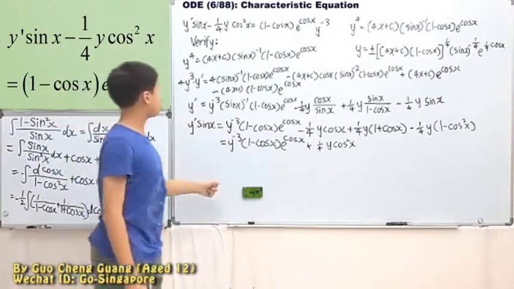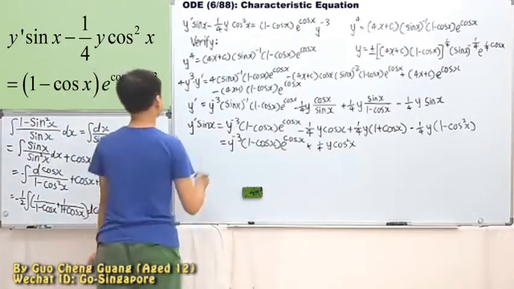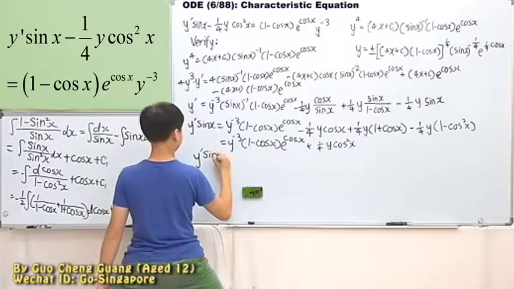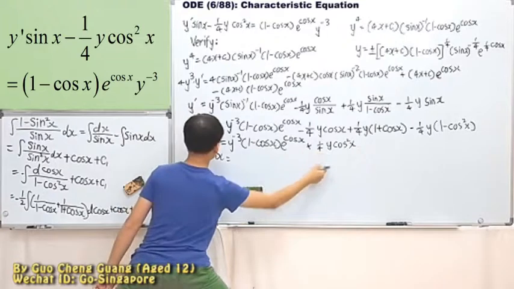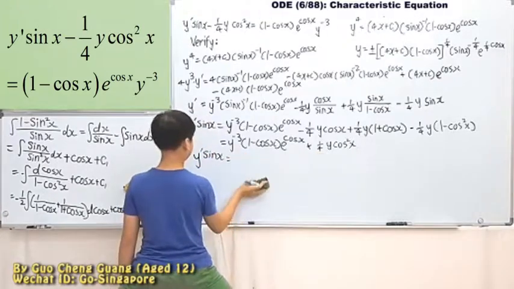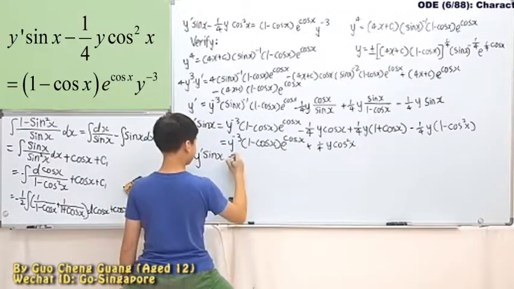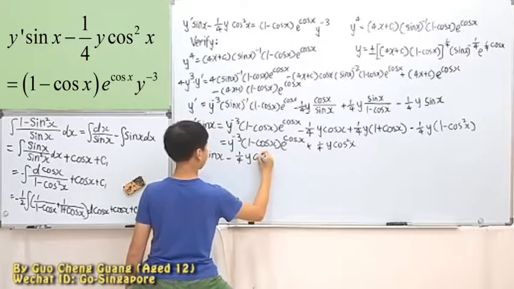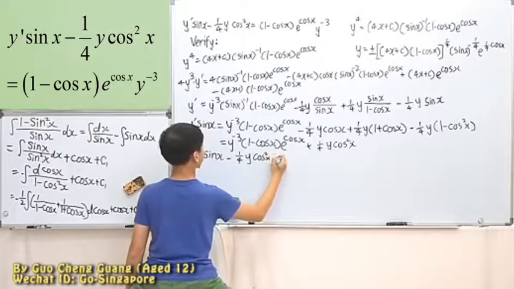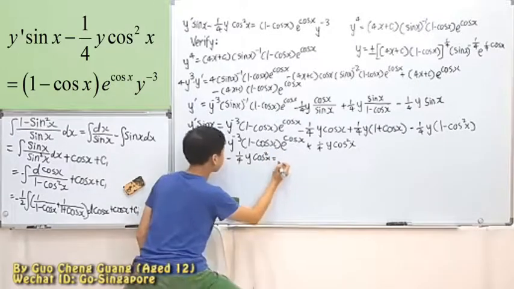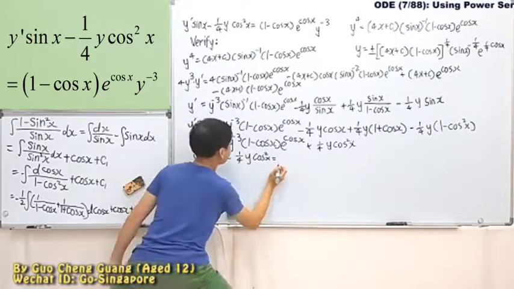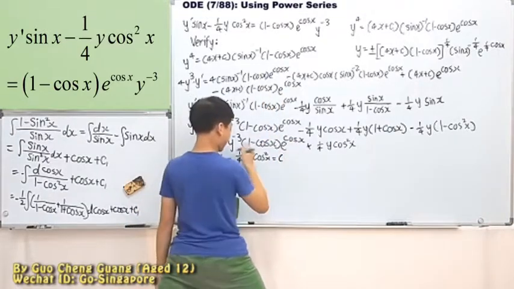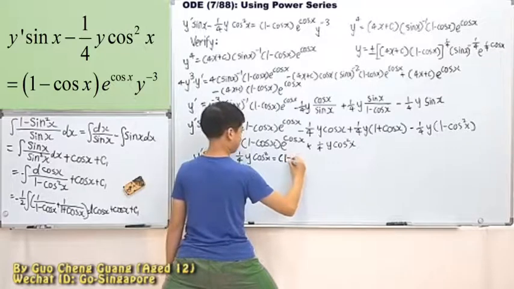Okay, is it the same? Well, it's pretty much the same, just that we can rearrange it. You can minus this to the other side. So this order will actually also carry the other order.